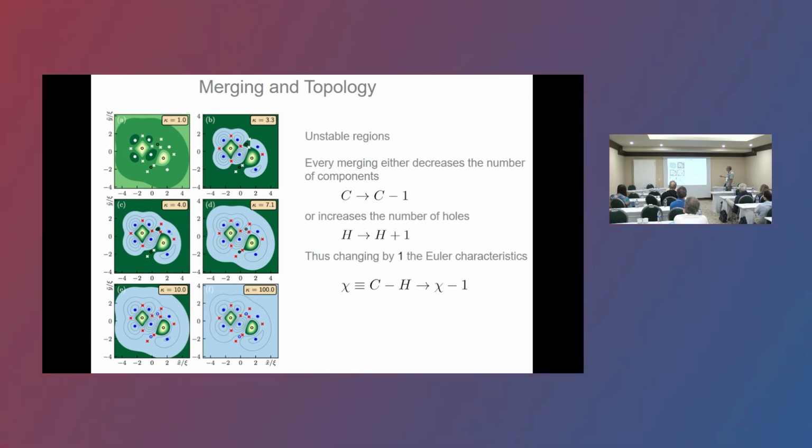So either we decrease the number of components by 1, or we increase the number of holes by 1. And as a result, what changes by 1 is the difference between the number of components minus the number of holes. It is called Euler characteristic. You will know why a bit later. And this changes by 1.